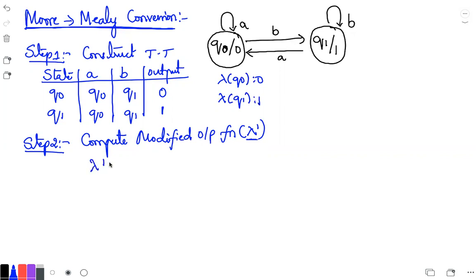It takes the format of Q0 and the input as well. Instead of simply going with the state, here we add an input character as well. So Q0 with input A going to Q0 produces the output. Just append a small input character. That's the only difference.